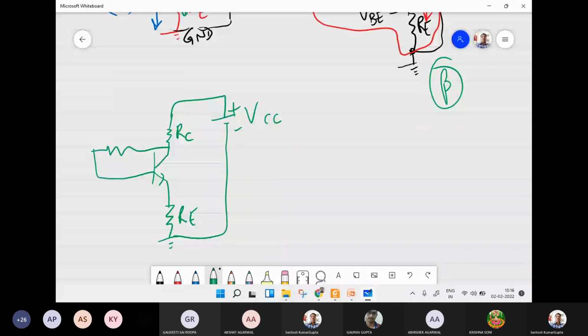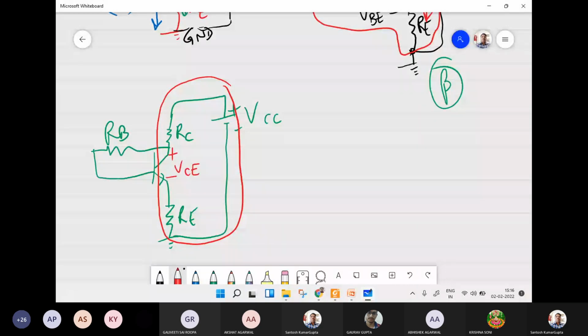Now in this case, we want to apply this KVL through this output loop, in which we have a voltage drop across the collector emitter terminal of this transistor, given by VCE here. Again, the current IE is going to flow through RC and RE both, and we can write the KVL into this loop now.